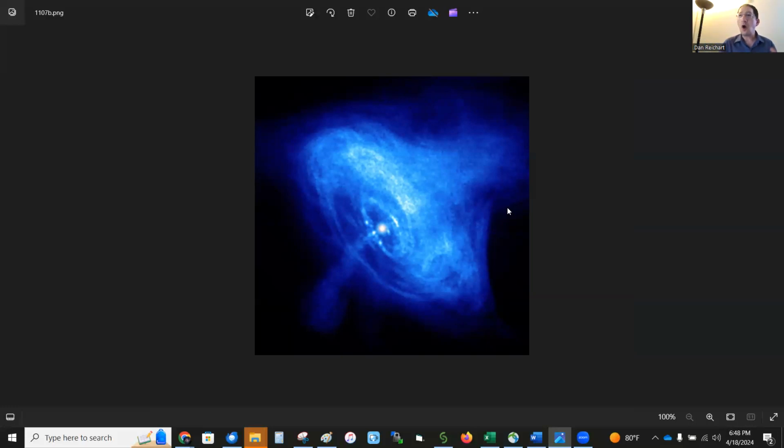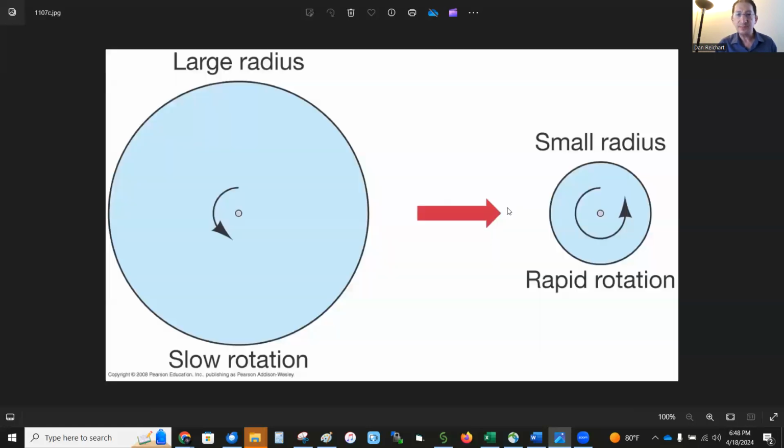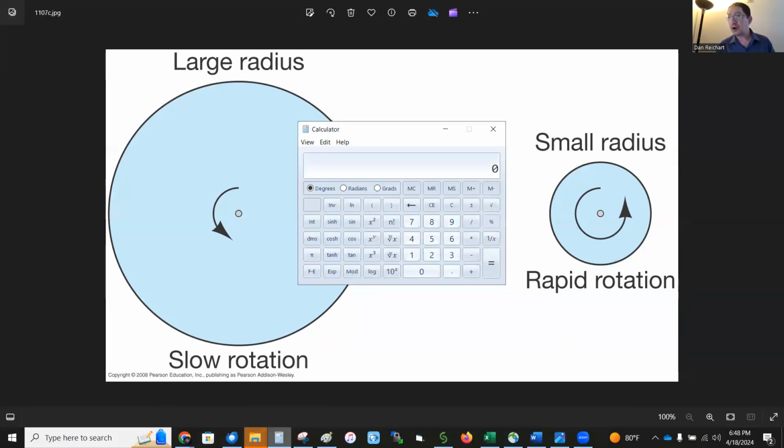So again, it's all about compression factors. In this case, we're conserving angular momentum. As you go from big to small, you speed up, and you speed up by the compression factor. So let's take the period of a massive star, 1 day, and divide it by the compression factor.